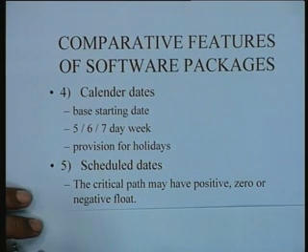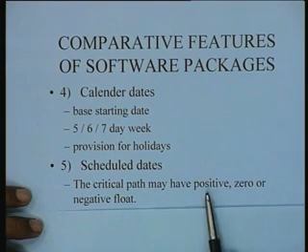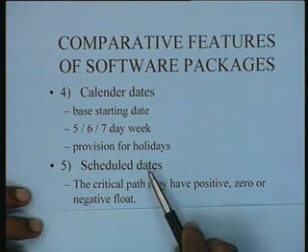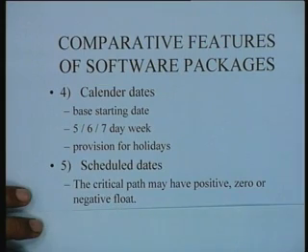If the critical path has a negative float, it shows that you are short, and you will have to do some crashing to accommodate the project within the scheduled date. So many packages have this interpretation where they say the critical path can have 0, positive or negative float. It is just a question of understanding how the scheduled dates may be accommodated within the framework of the critical path.